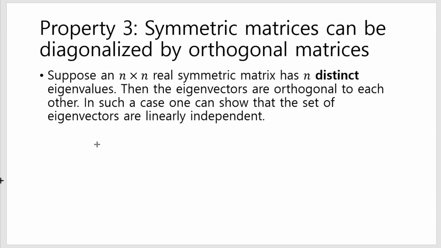And to prove this for the distinct eigenvalue case is easy. So if your real symmetric matrix has n distinct eigenvalues, then we have n perpendicular or orthogonal eigenvectors. So they form a basis for this space, right? In that case, you can diagonalize this, right?